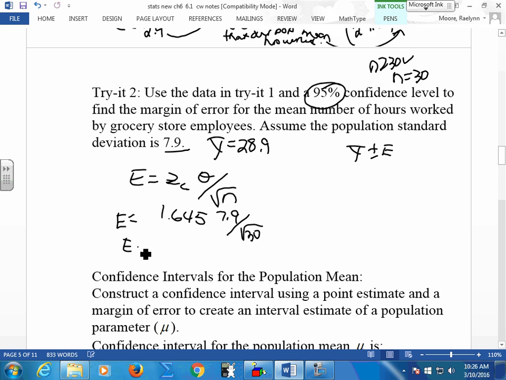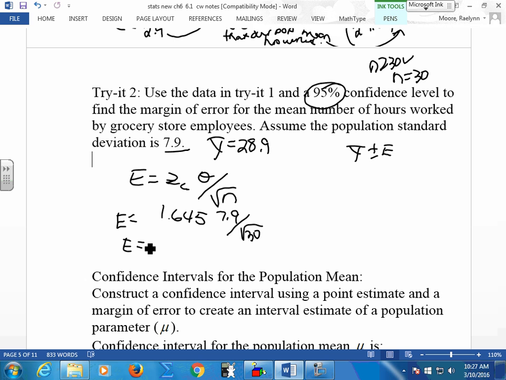What do we get? How many decimal places should I round it to? What's my mean? 1. Go to the mean, because we're going to do the mean plus or minus the E anyway. So round it to the same as your mean, whatever your mean happens to be. If there is none when you do your mean, then go 3. But for these, we'll probably be doing 1.